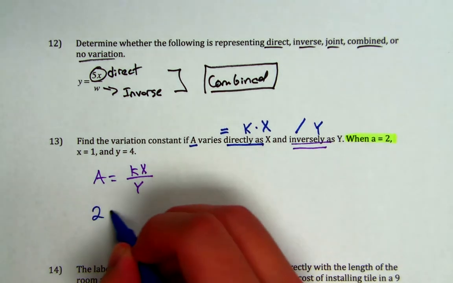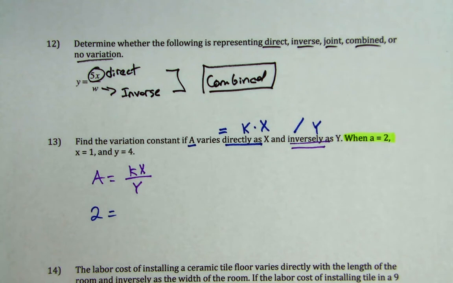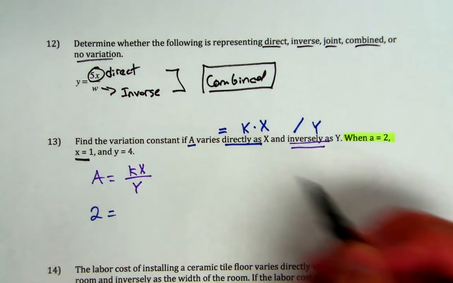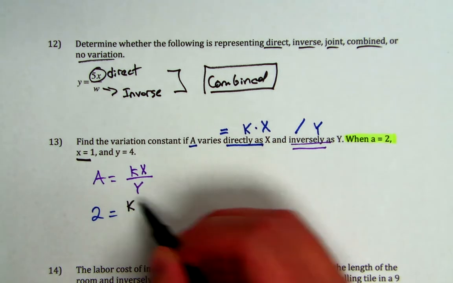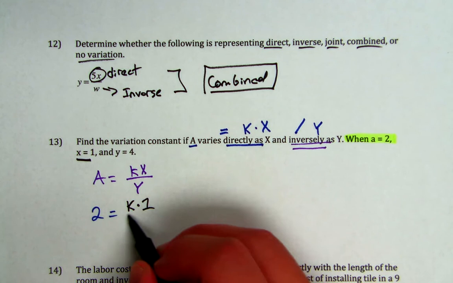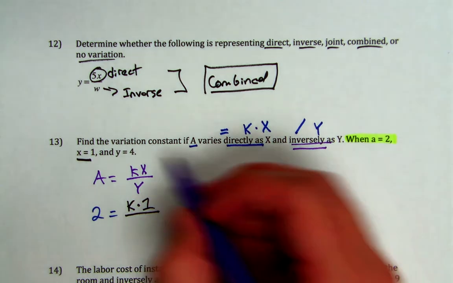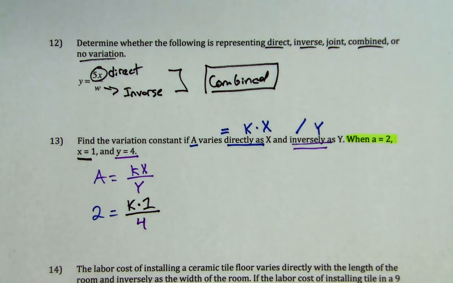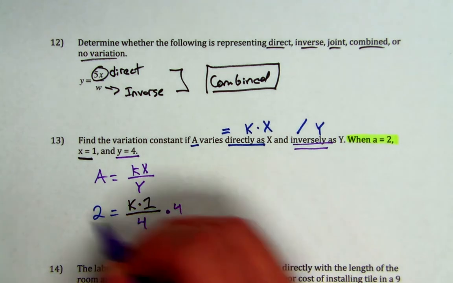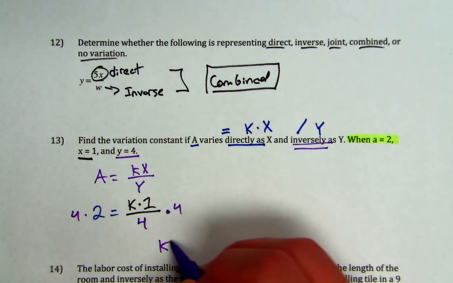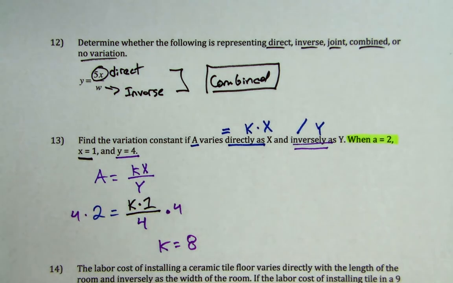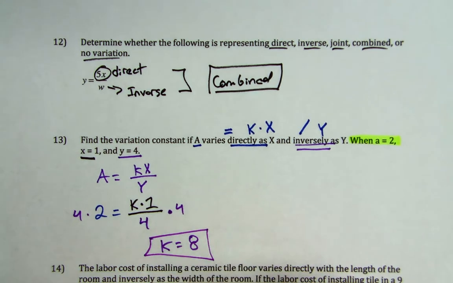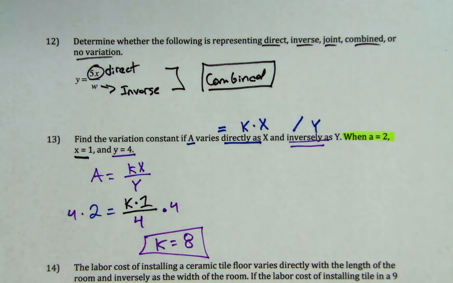So I've got A equals 2. And now x is 1. So we've got k times 1 all over y, equal to 4, so over 4. Well, to solve for k, I just need to multiply both sides by 4. So k equals 8. And that's all it wanted me to do, is find the variation constant.